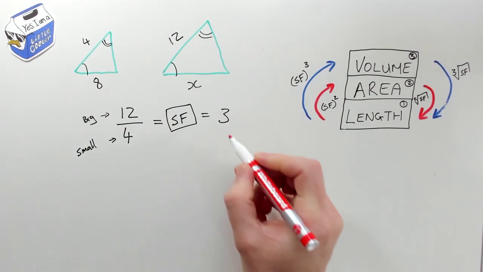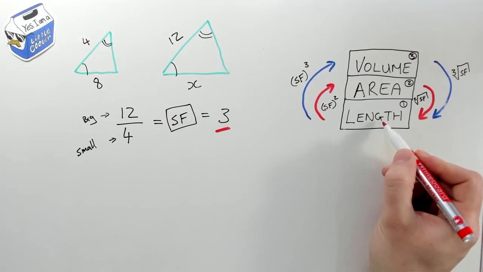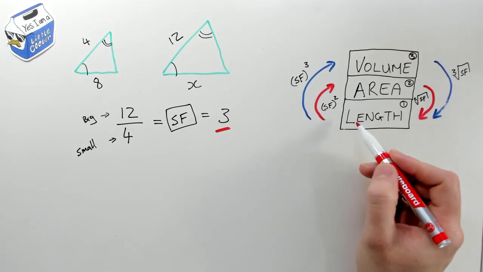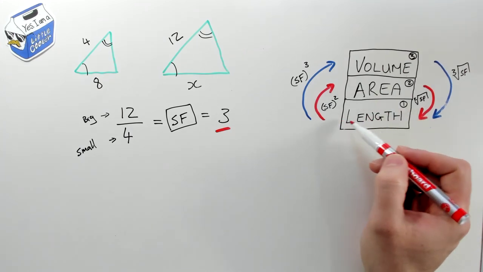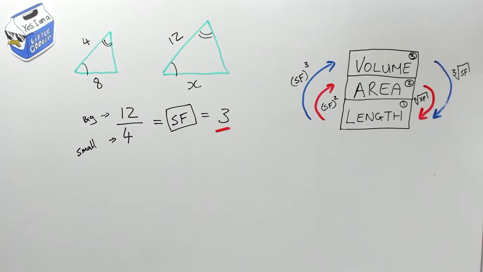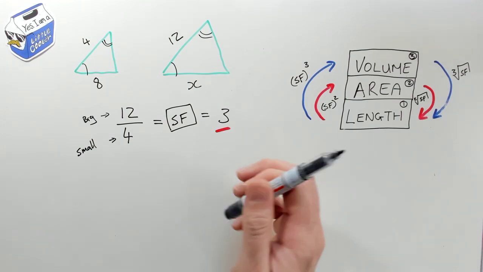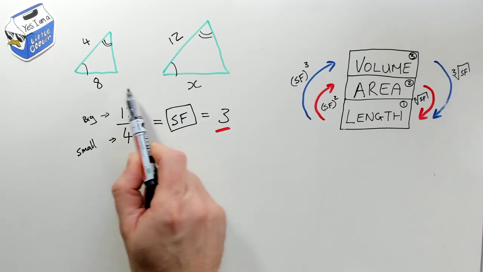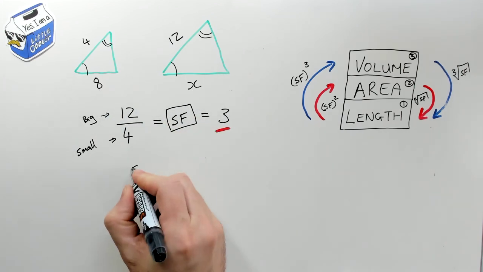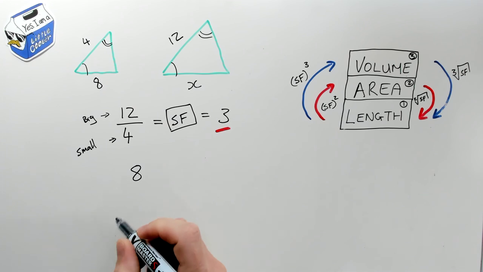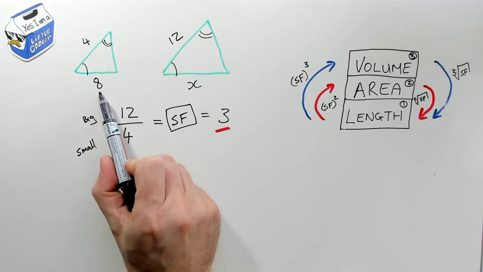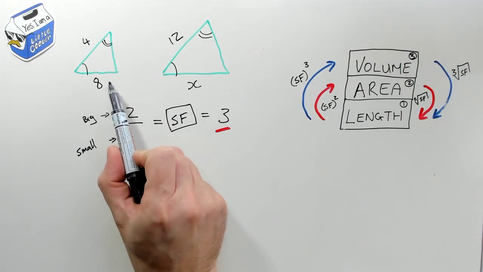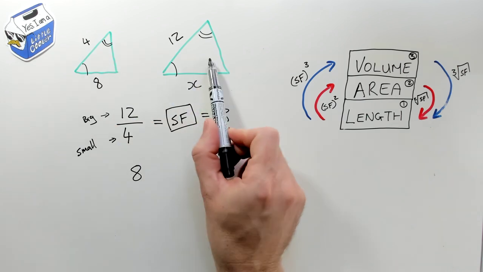So I'm going to use this, and because I'm using lengths, I'm just staying on lengths. I don't have to go to area or volume yet, so that's simple enough. I'm keeping that 3, and then what I would usually do is ask, what did they give me? They gave me an 8, and this 8 is compared to the x. So I'll write the 8. In this case, I'm going from a smaller shape to a bigger shape.